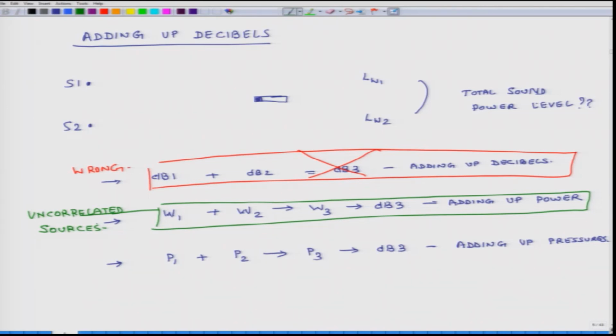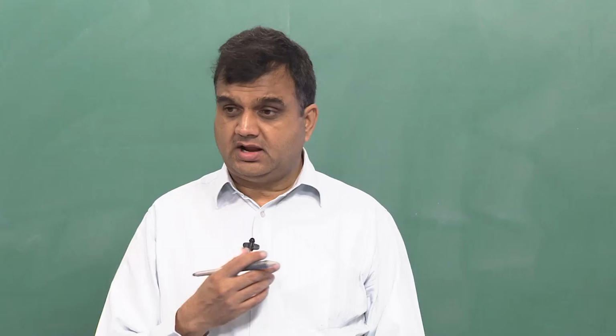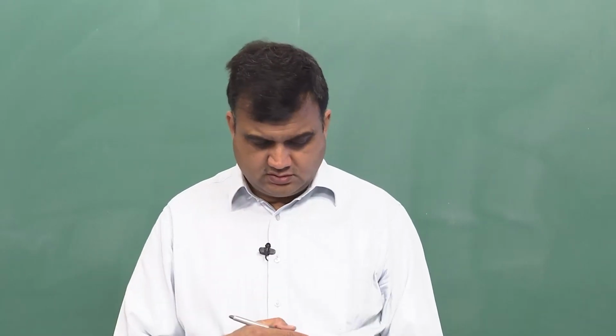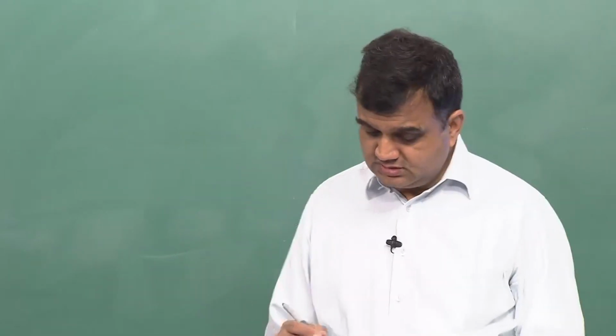So, if there are two sources which are uncorrelated, and we will explain what is meant by correlation, then we compute the wattage associated with each source and add up the total watts, and then we get the final decibels, for uncorrelated sources.